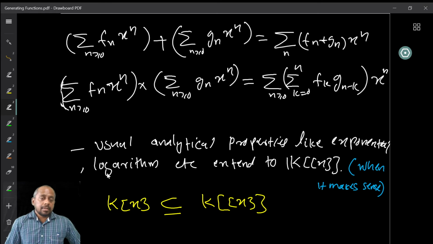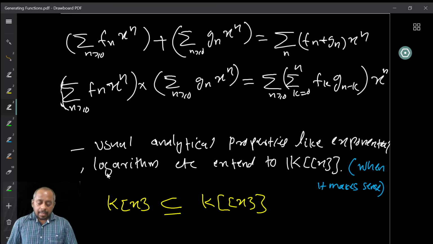Now the usual analytical properties, like if you take the exponential or logarithm of the series, one can show that it extends to the entire ring K double bracket x, whenever it makes sense combinatorially. Okay. So we will probably come across this at the end of our course when we look at some special topics, but till then we really don't need this.